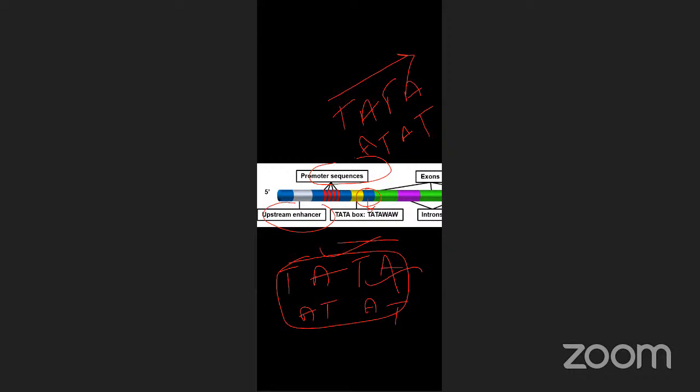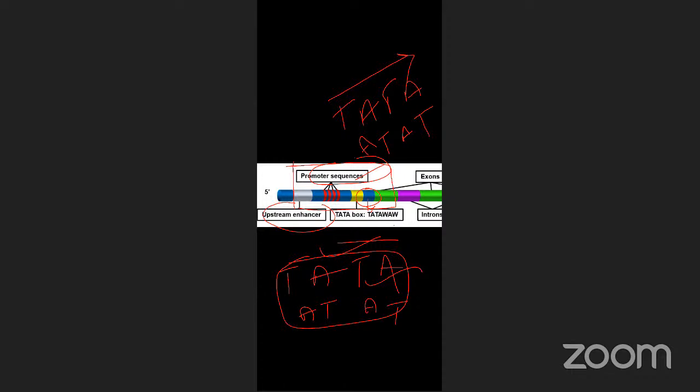This is closely arranged to the promoter region. Actually, this entire portion is called the promoter region. In the promoter region, first is the promoter sequence and just beside it the TATA box.